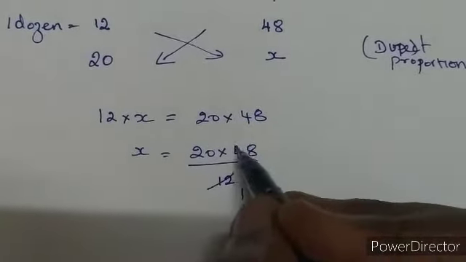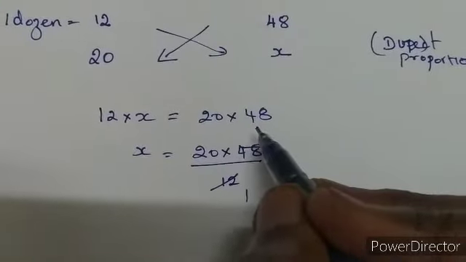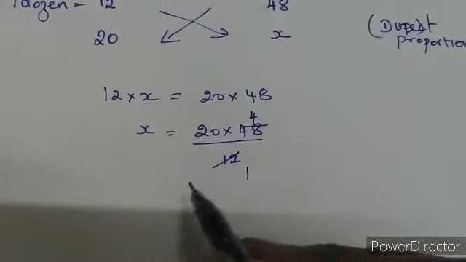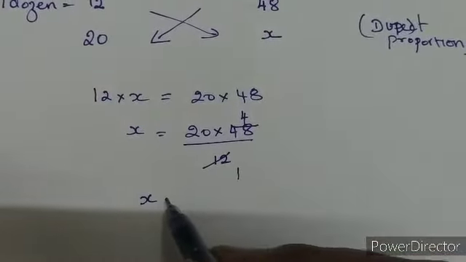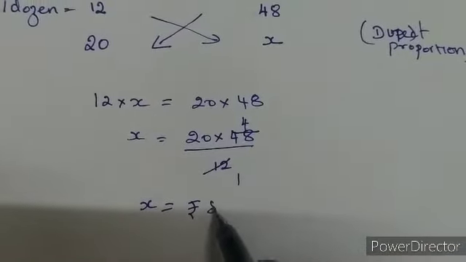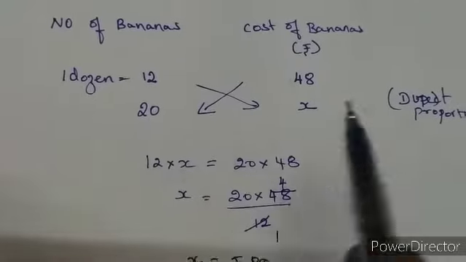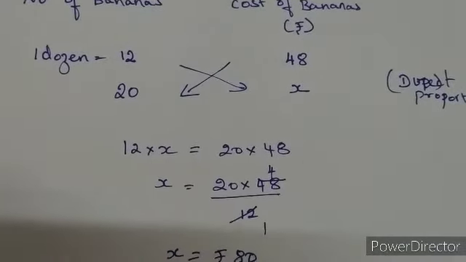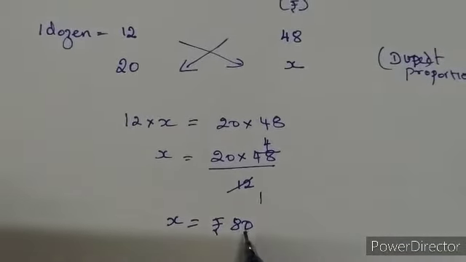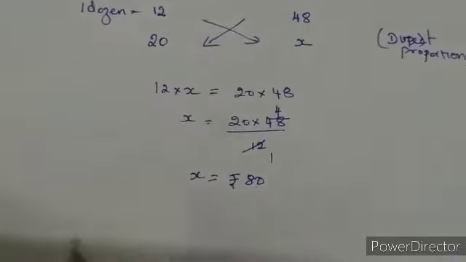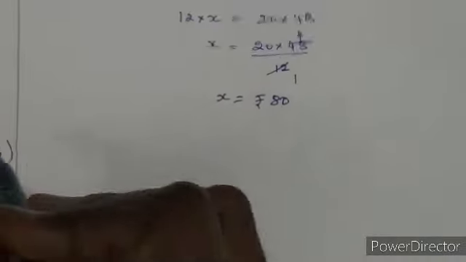If you simplify this, you will get the answer as 20 into 4, which is ₹80. So, for 20 bananas, the cost is ₹80. Is it clear, students?